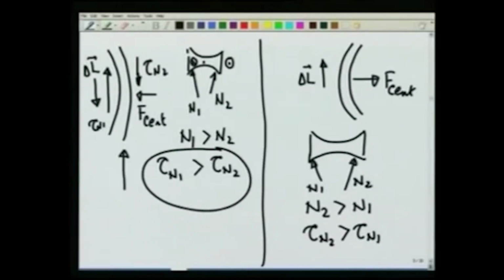Torque due to N2, as we saw earlier, is coming out of this plane, therefore torque due to N2 is in this direction, and this is larger than torque due to N1. Again you see that tau N2 minus tau N1 is in the direction opposite to that required to cause this change in delta L, and therefore it cannot negotiate this turn going to the right also. Therefore this cylinder does not go over the track properly.